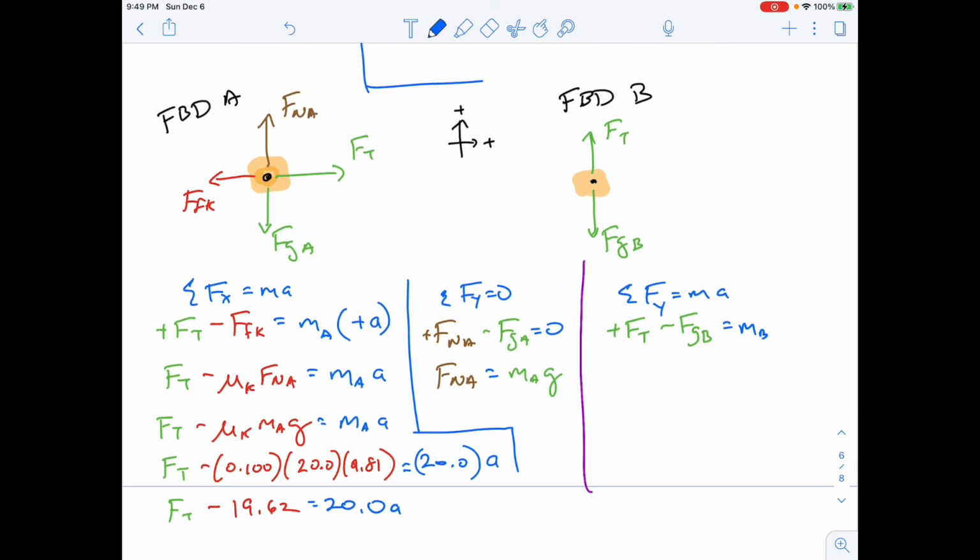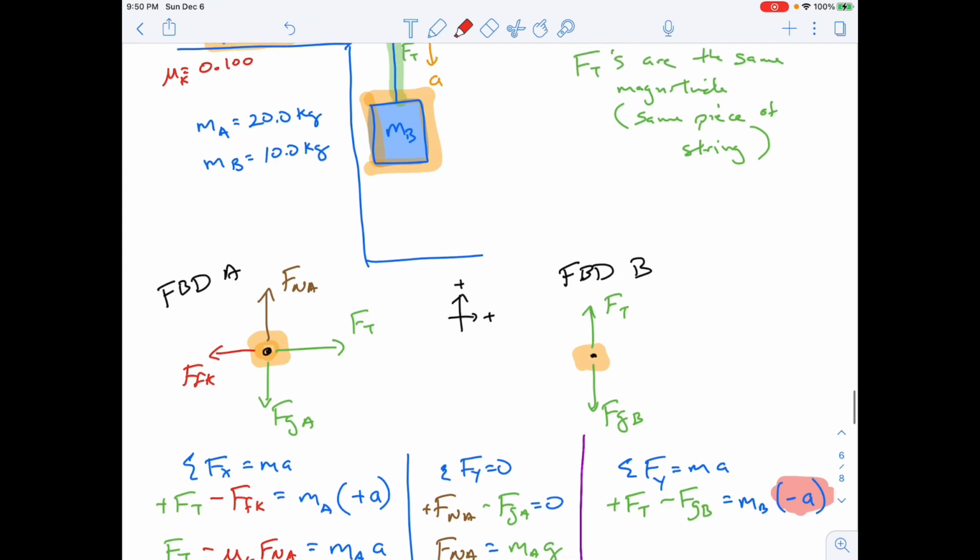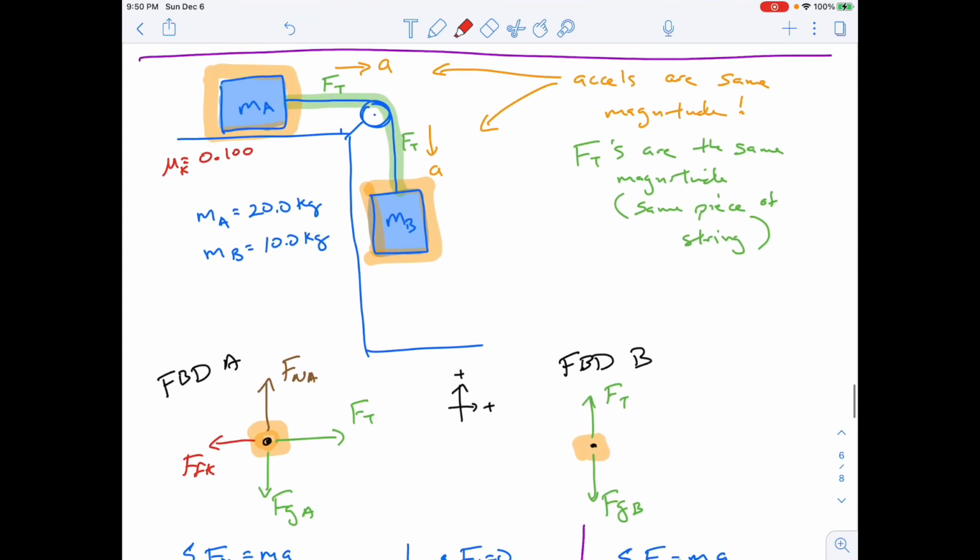This is probably the most important part of the lesson right here. I'll say that again. This is probably the most important part of the lesson right here. Since we already used that acceleration, because it's an unknown, and we know the accelerations are the same for each object, we're going to use a here. But because it's in a different direction, we must very clearly mark that direction. It's a minus direction for this particular object, because if this thing is being pulled, it's accelerating downward.